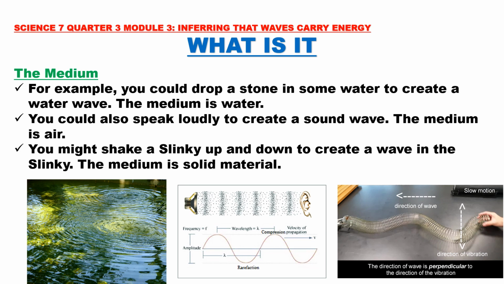So, for example, you could drop a stone in some water to create a water wave. So, the medium is water. Okay? So, ang water wave, para magkaroon tayo ng water wave, kailangan niya ng medium. So, ano medium ng water wave? So, it's water. Next, you could also speak loudly to create a sound wave. The medium of sound wave is air.